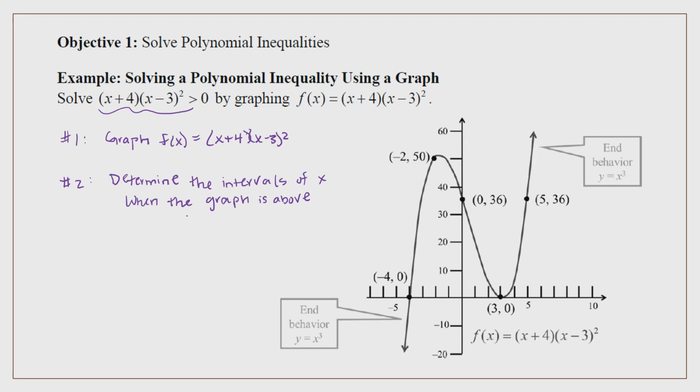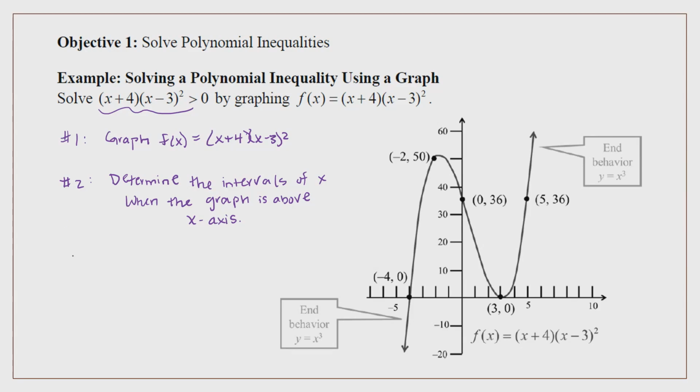the x-axis. Now, why are we doing this? Well, it says here that our inequality is greater than 0. So any values that are going to be greater than 0 are going to be above the x-axis.